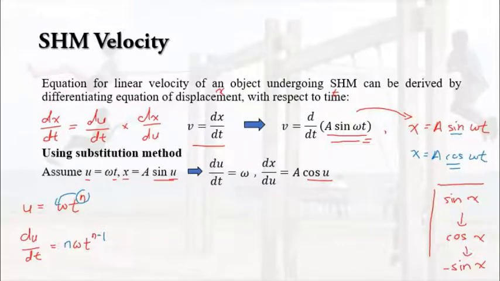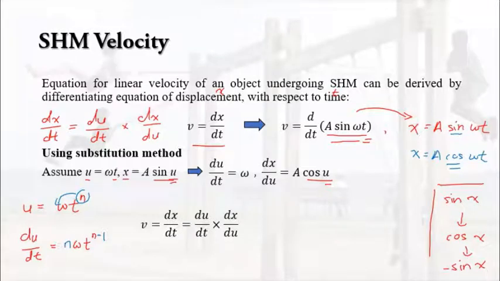The a you just keep, because a has nothing to do with u. If you want to differentiate with respect to u, you just differentiate the part that comes with the variable u. So a doesn't consist of u, it's just a constant. You differentiate sine, you get cos. If you are given a cos function here, after you differentiate, it becomes negative sine.